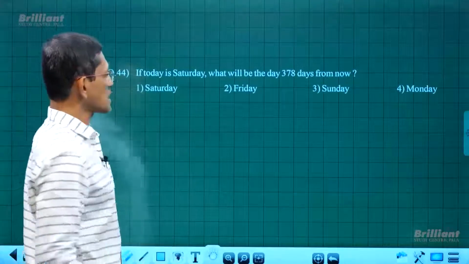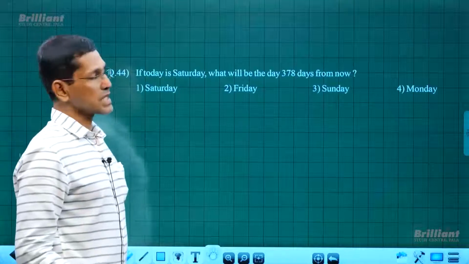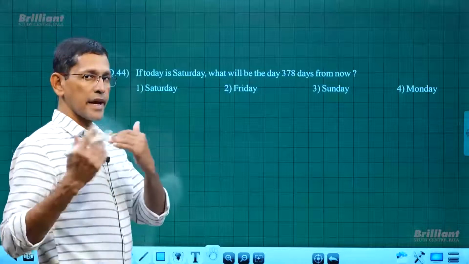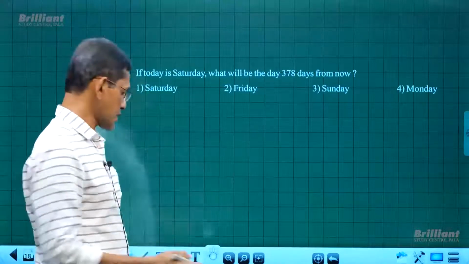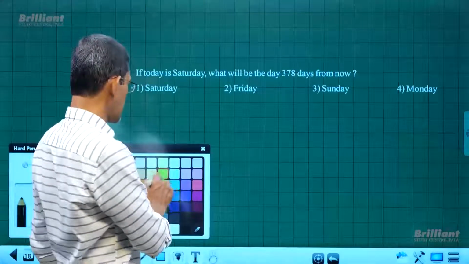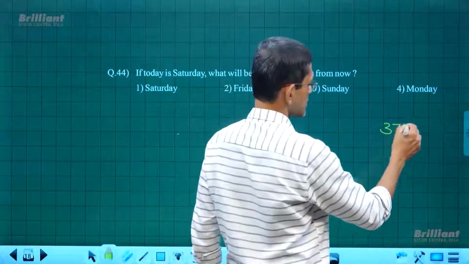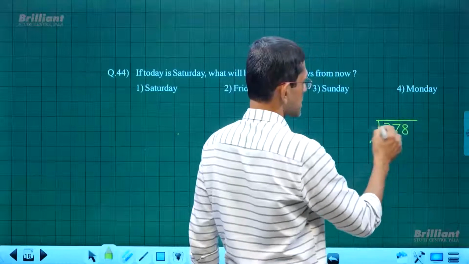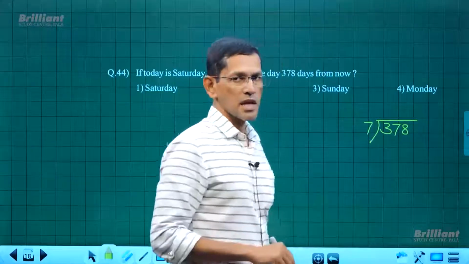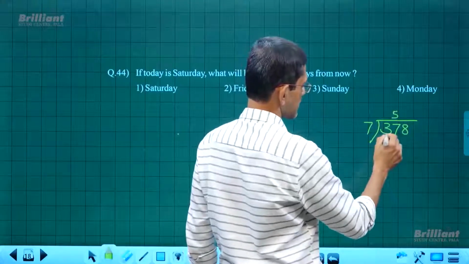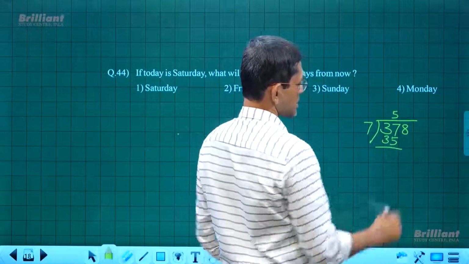Now 44. If today is a Saturday, then what will be the day 378 days from now? So we know that to find a day after a certain number of days, we find the number of odd days. In order to get the number of odd days, 378 is the number of days. It must be divided by 7. 7 is the number of days in a week. So what do you get here? 5 times 35 and remainder is 2.